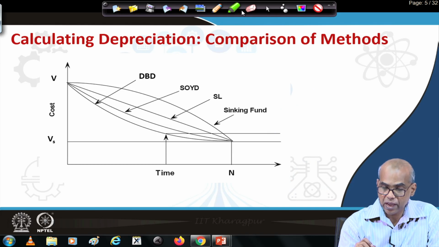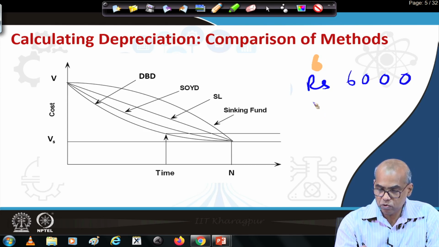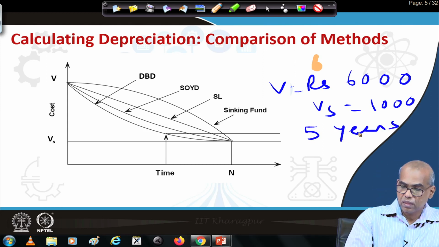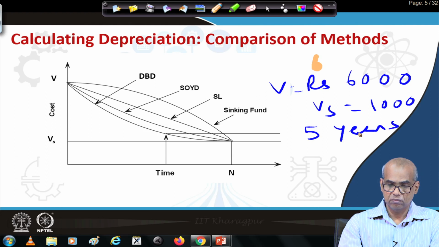Let us consider the asset value is 6,000 rupees. Salvage value is say 1000 rupees and it has 5 years service life. Find out the values of the depreciation at each year for different methods.